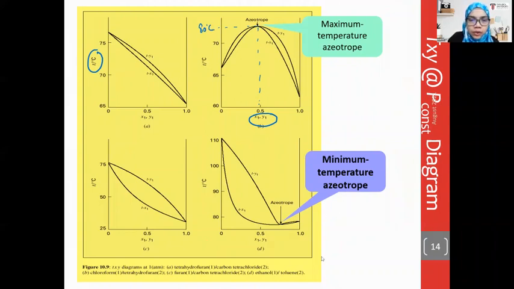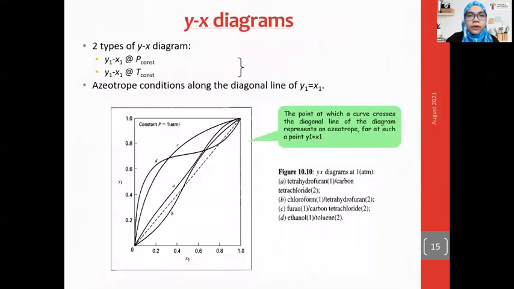The same goes if we decrease the pressure until it reaches the azeotrope with the minimum temperature, having similar composition between the liquid and vapor. In designing a distillation column, we try to avoid the azeotrope because the liquid and vapor phases cannot be separated anymore.